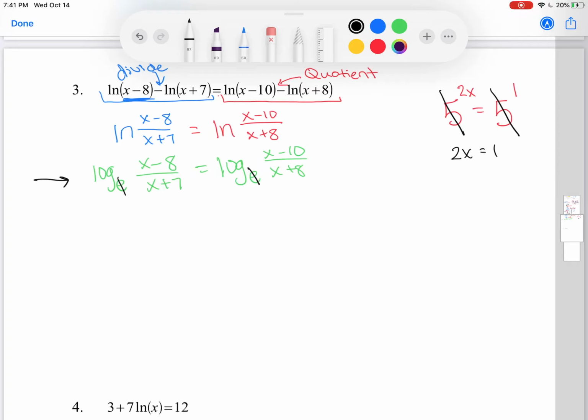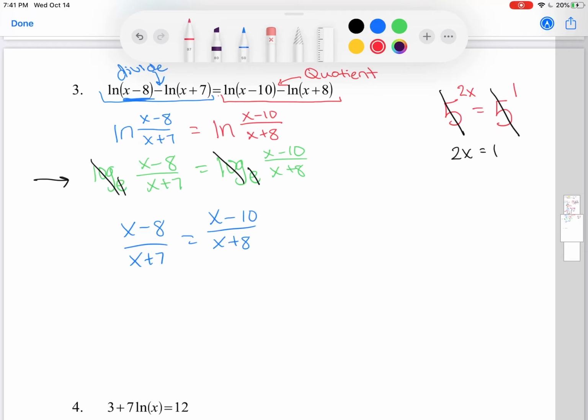If you look at both sides, they're both in terms of log, and they both have the same base of e. So I get to drop the base of e, but since we're talking about logs here, I also get to drop the logs. Just a rule, but it applies to both exponentials and logarithmic functions. So it's kind of nice to remember just in case you get stuck here.